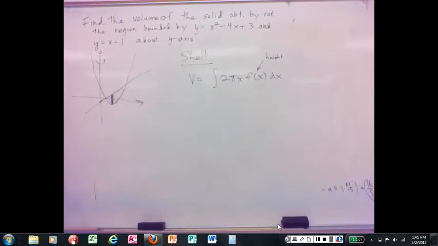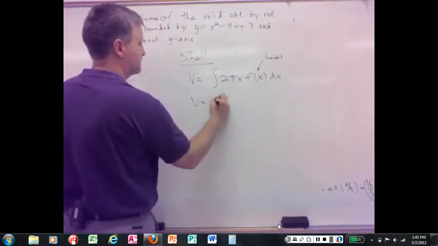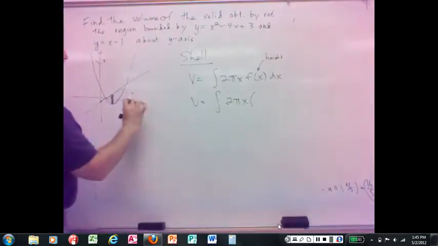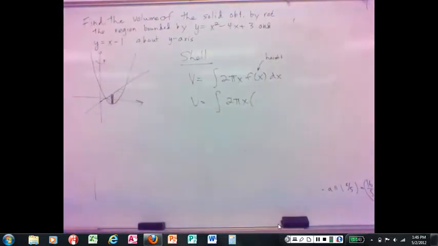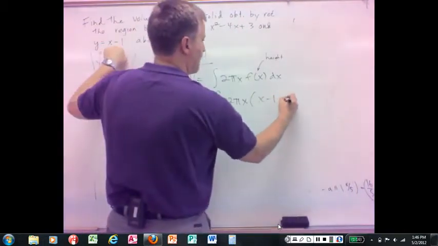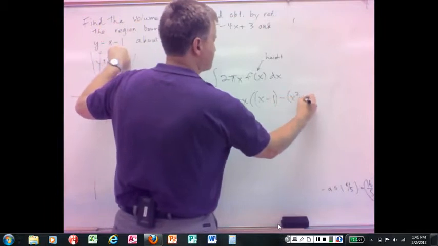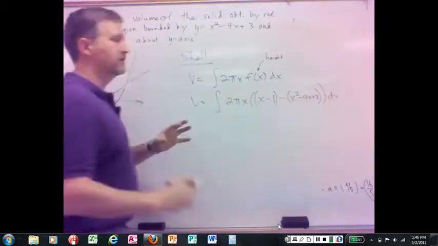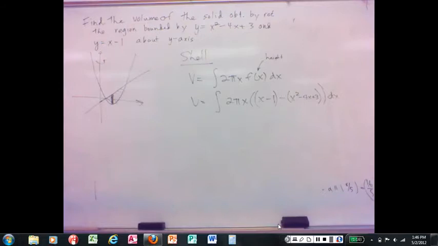So it's back to the subtraction, which is first thing we talked about in this. So it's 2 pi x, and to get that height, you've got to subtract the top one minus the bottom one. So it'd be the x minus 1 minus the x squared minus 4x plus 3. Because that would give me that height of that function.